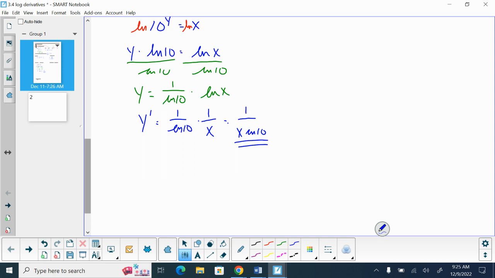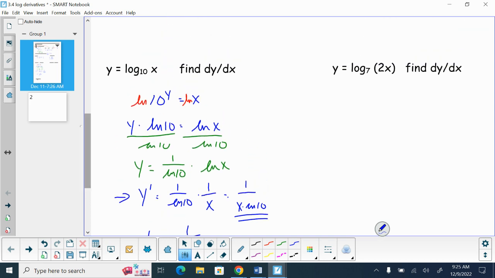In books, they may say, I have x times ln of 10, and write this as 1 over ln of 10 to the x power, is equal to my derivative. I'm fine with this. Once again, show off your ability to manipulate logarithms. Go for it. But the key here is to get it into a form that we can work with.